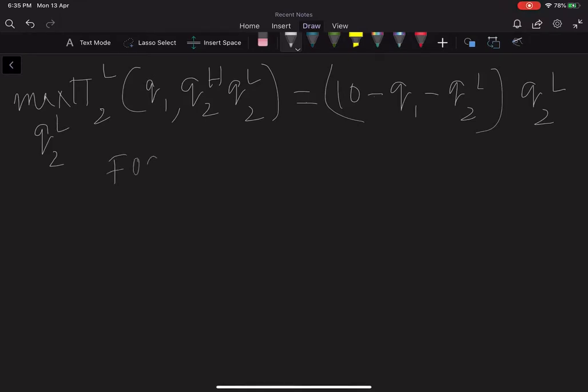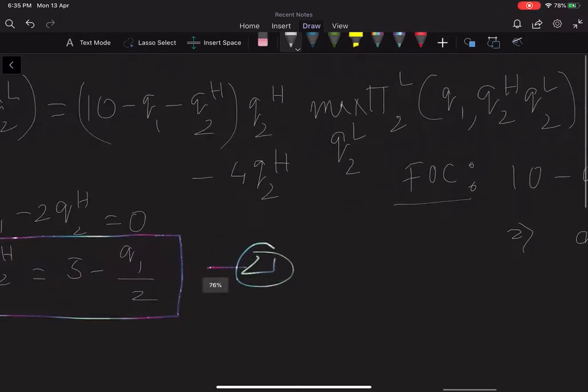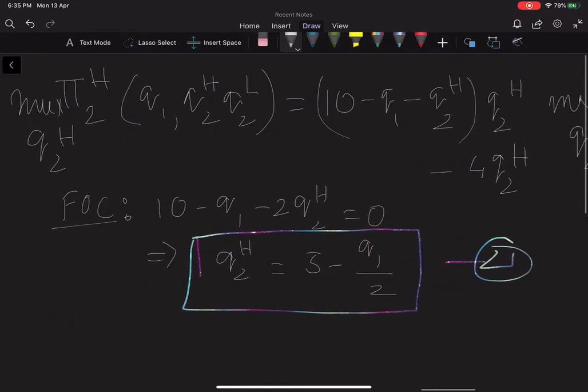So the first order condition is 10 minus Q1 minus 2 Q2L equals 0, which gives you, oops, sorry, I made a mistake here.